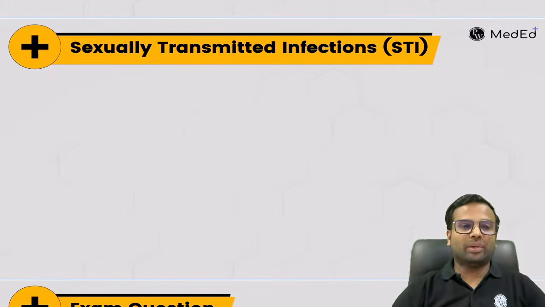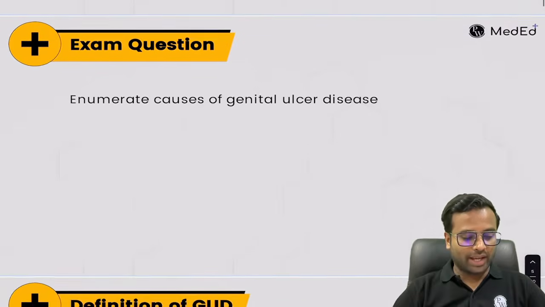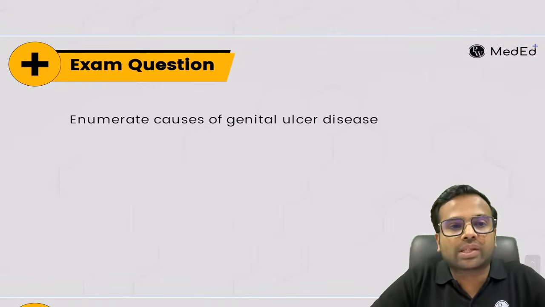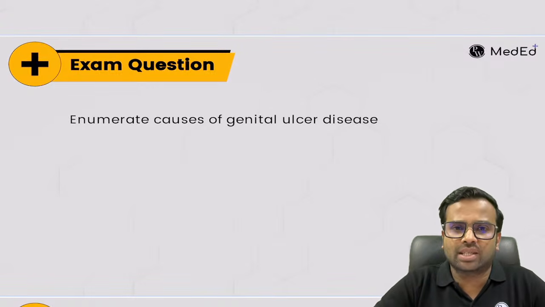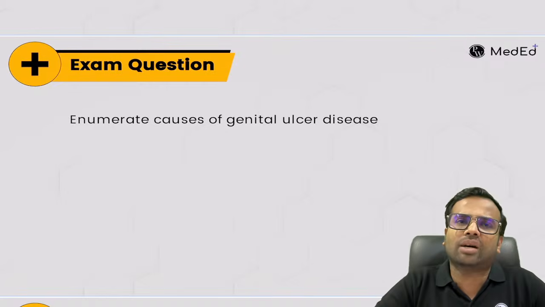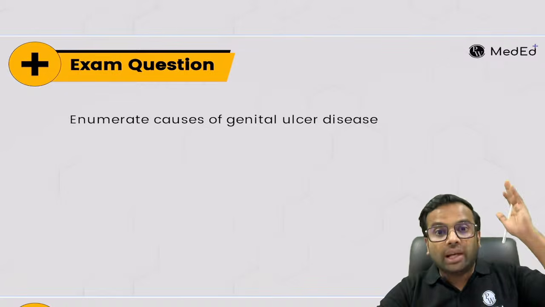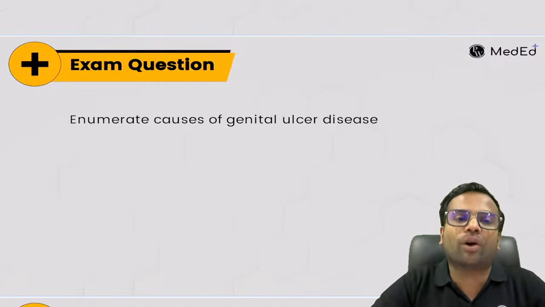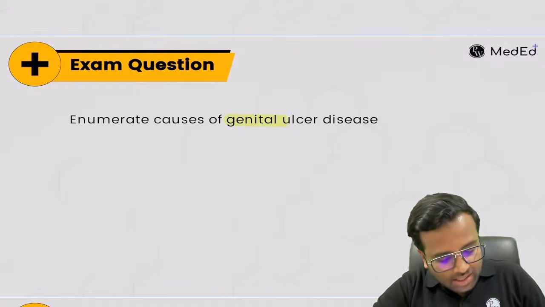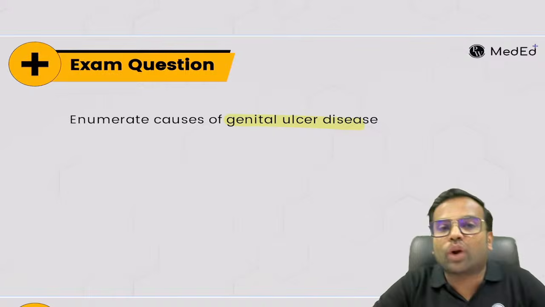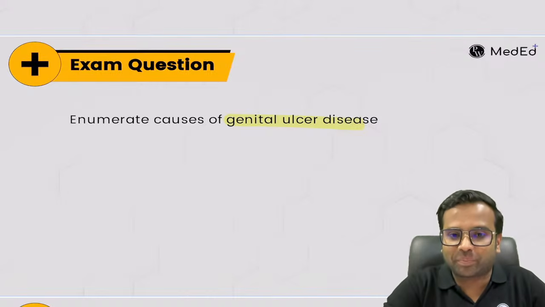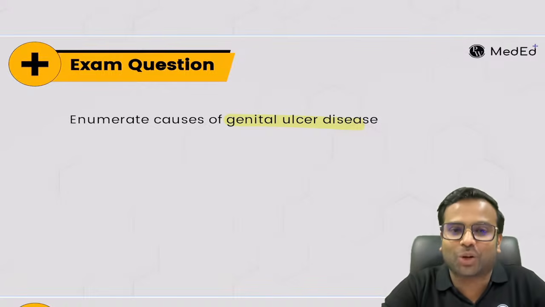Now let's see the first question of the day. Enumerate the causes of genital ulcer disease. Just imagine that this has come as a short answer question where you are asked to list the causes of genital ulcer disease. Now, how do you want to begin this answer? How do you want to enumerate the causes?